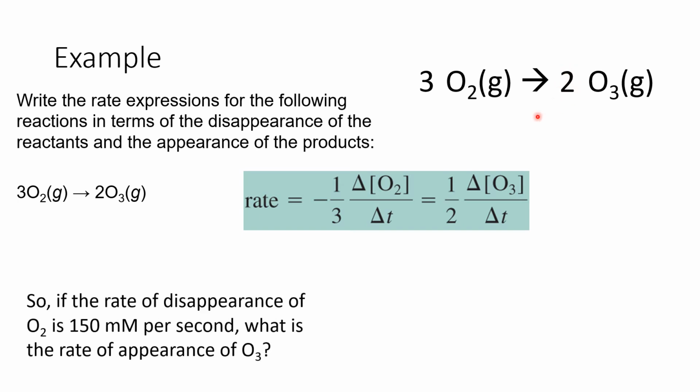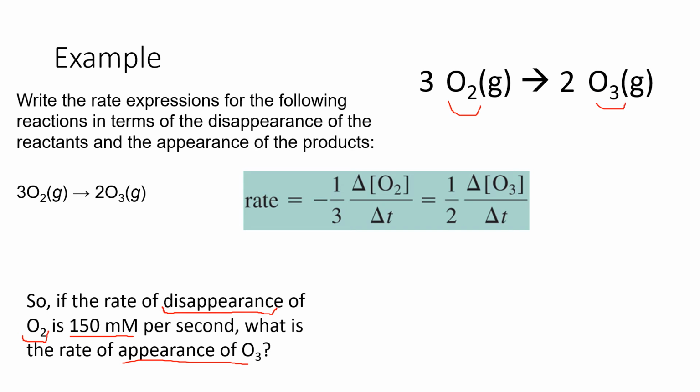So if I ask a question like, so if the rate of disappearance, well, that tells me that must be on the reactant side. If the rate of disappearance of O2, here we are, right? So there's our O2. If the rate of disappearance of O2 is 150 millimolar per second, what is the rate of appearance of O3? And that's over here on the product side.